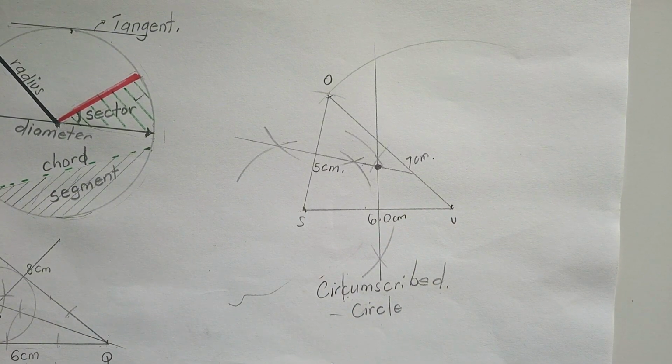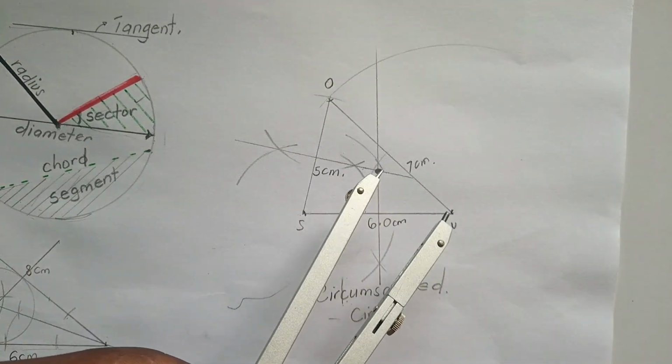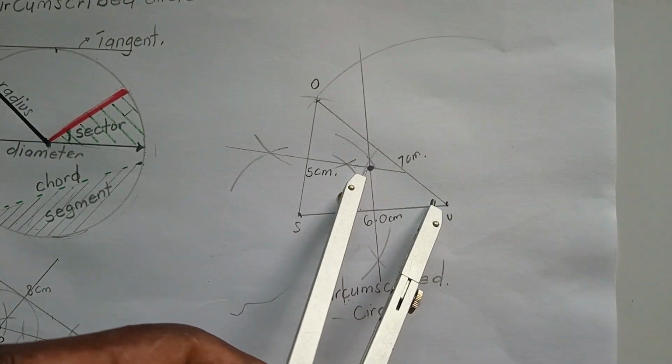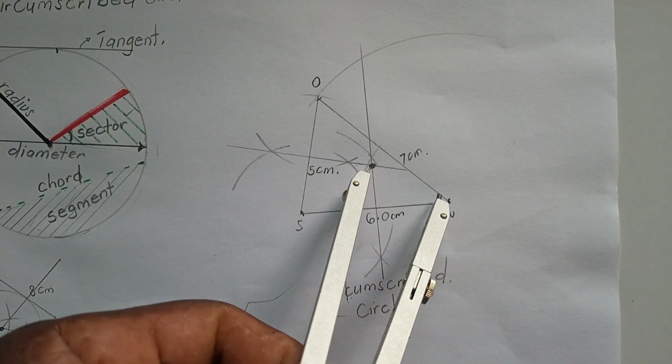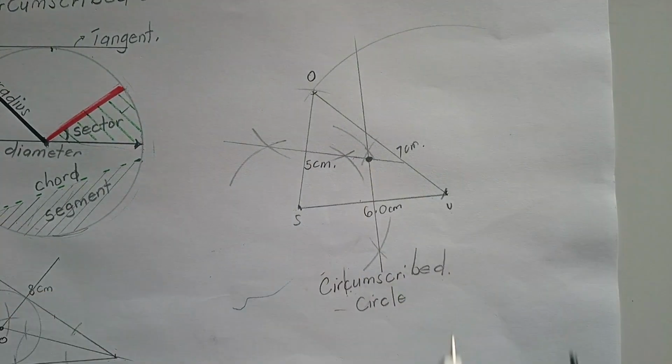Now I'm going to pull using my pair of compass the distance from that point to any vertex there like that.